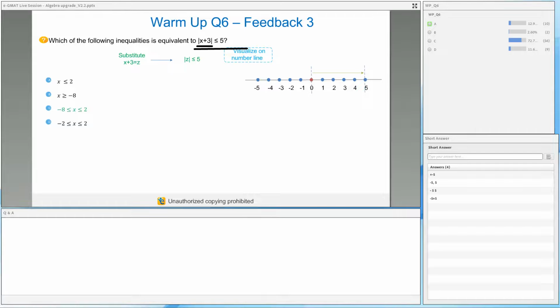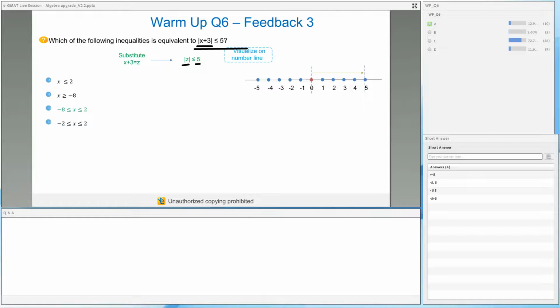Now another interpretation of this, and again some people find it difficult to visualize this, is that whenever you see just a simple modulus sign and something is less than or equal to 5, you can think in terms of distance from the origin, or distance from 0. There's nothing inside the mod except a variable, you don't have a plus 3 or a minus 3.